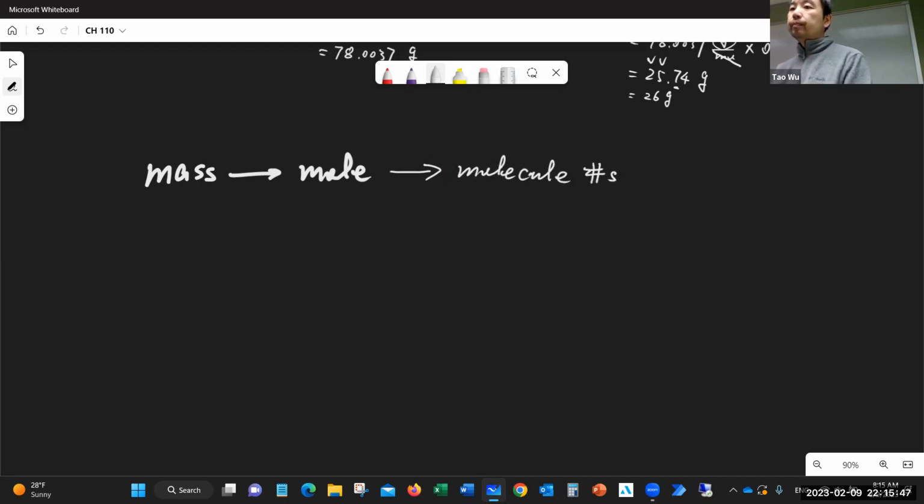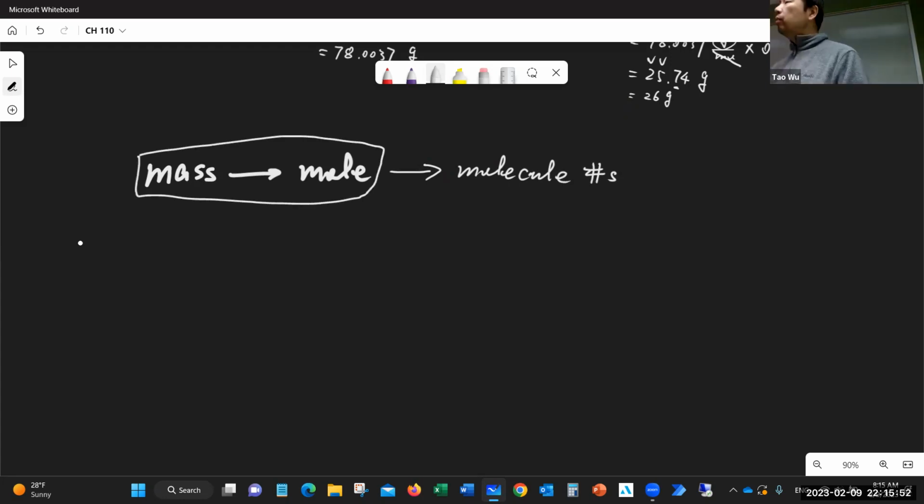Last time we already talked about mass to mole. We know how to convert the mass to mole, but how can we convert the mole to molecule numbers?